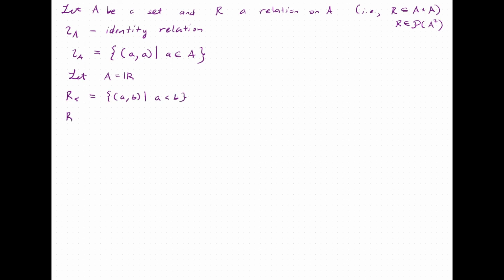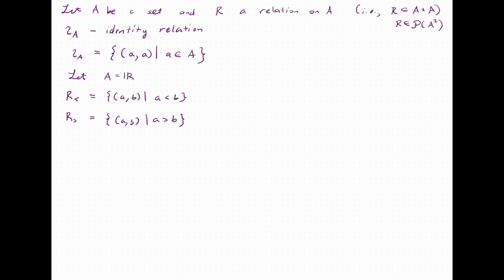We can also define greater, the collection of ordered pairs such that a is greater than b. And we can do that with equality, greater than or equal to, less than or equal to. And so all of a sudden, we now have a way of interpreting less than, greater than, and these other operations that we have seen in the real numbers as relations.